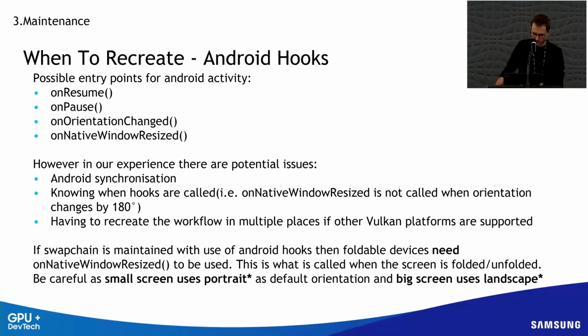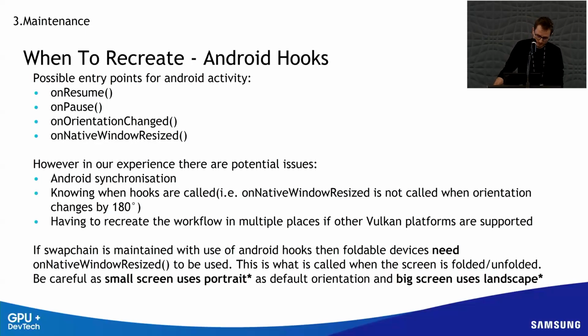Another reason is if you support multiple platforms, now you have to support multiple code paths that technically do the same thing, but slightly different. And who wants that? Who wants divergence in their code? And the third reason why not to do it is making sure that you have 100% of cases covered and knowing when your entry points, your hooks, or whatever are called.